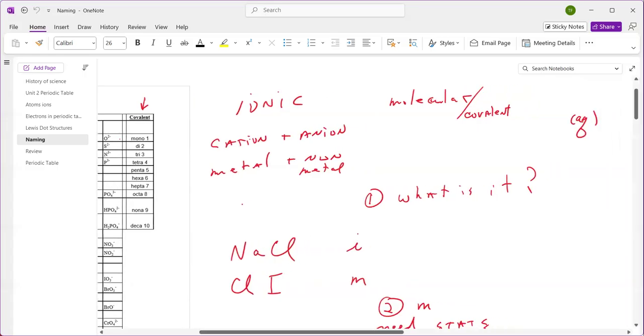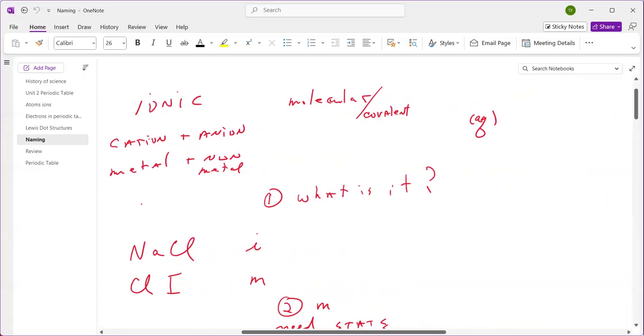A molecular compound is something else. It could be two anions, two cations, but it's never one of each. Then it becomes ionic. So whenever you're naming, the first step is to determine whether it's covalent or ionic. Now, you check for ionic first. So let's look at some examples.